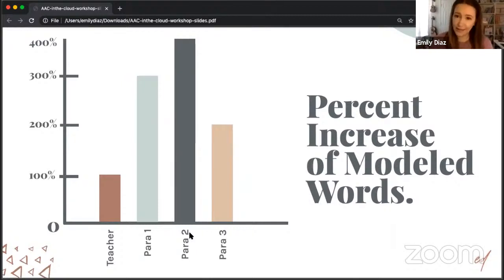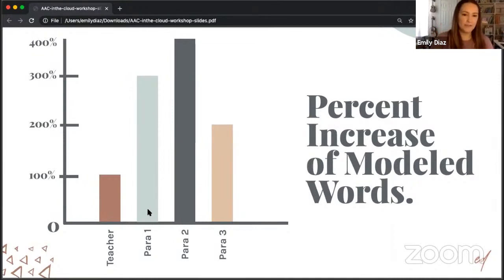Can we really learn language if we're modeling 14 words a day, people? So after a 4-week period, after coaching, she was able to increase by 378% and now was modeling 67 words per day on average, which still isn't what research says we need to be near, but what an improvement for that one para.